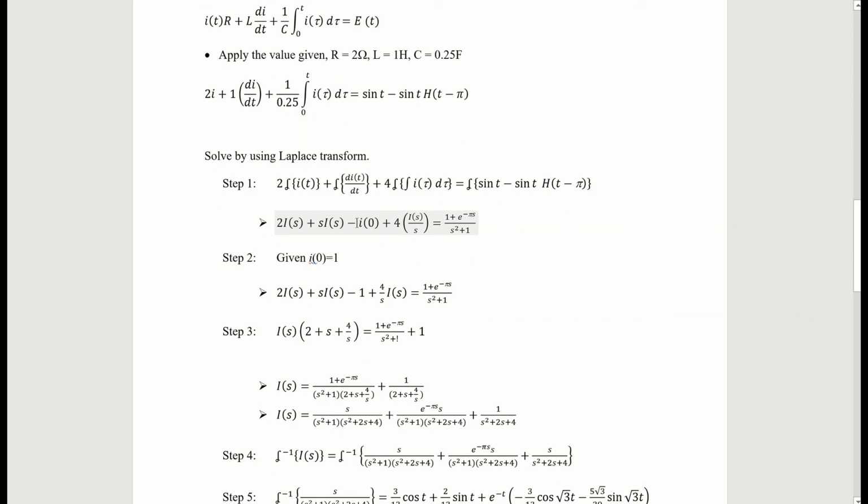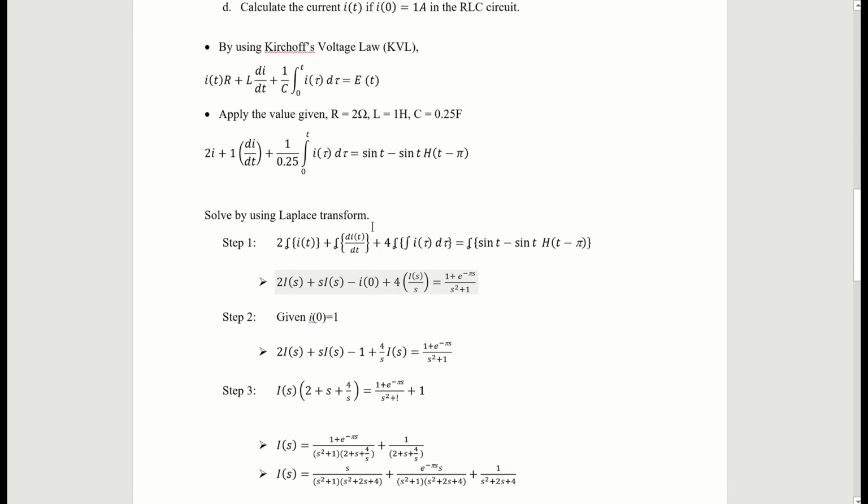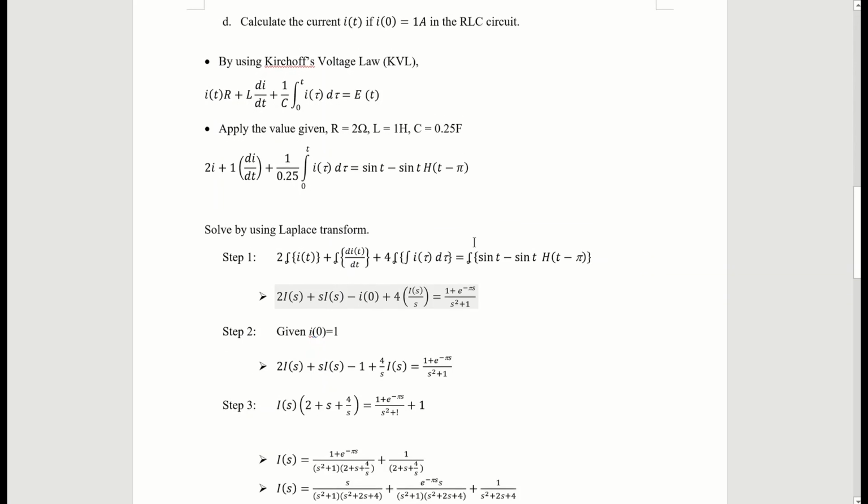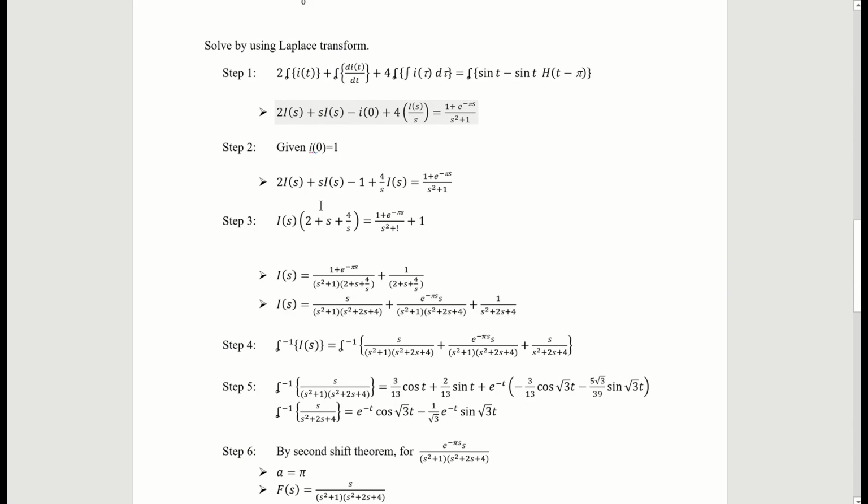We need to substitute the I0 here with 1 based on the given value, and then we factorize I(s), and then we get this equation. This equation can be simulated in MATLAB, so we open MATLAB.